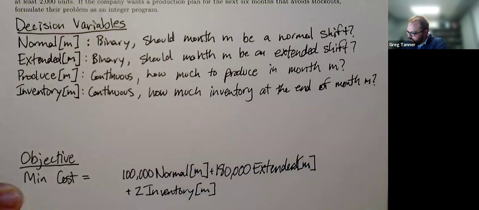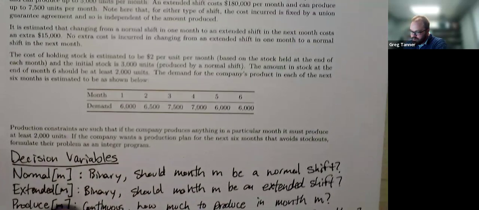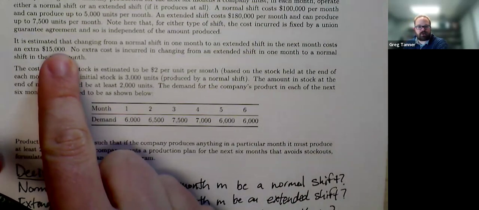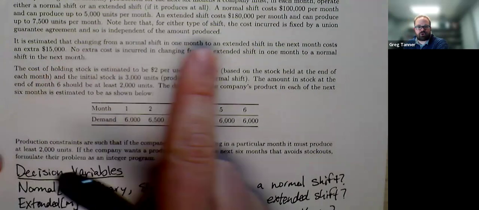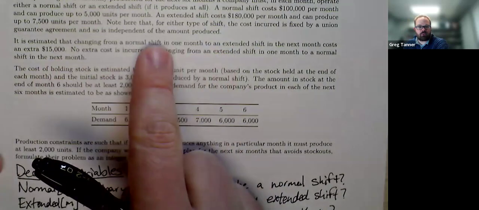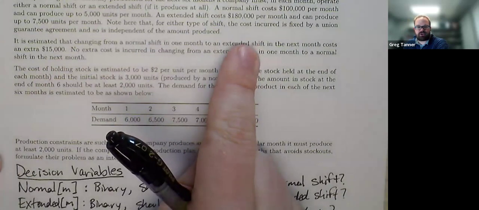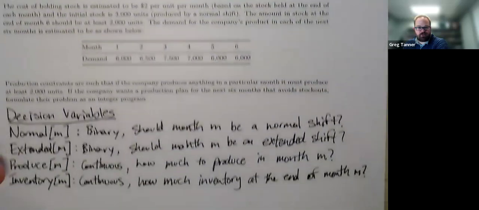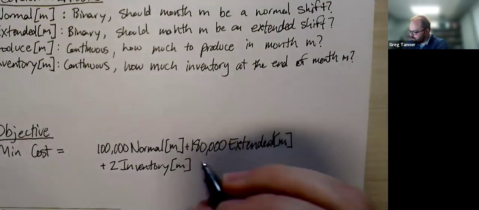And then if we read through here carefully, we'll notice that there's this extra charge of 15,000 that's assessed if we change from a normal shift to an extended shift. Okay, and so to capture that, we're actually going to introduce a new variable.